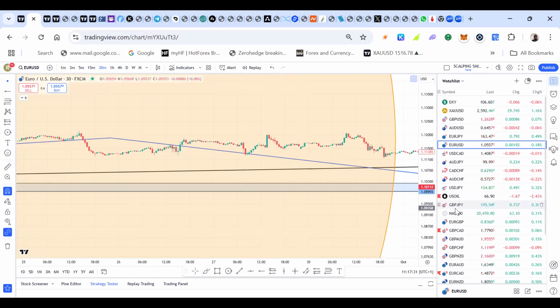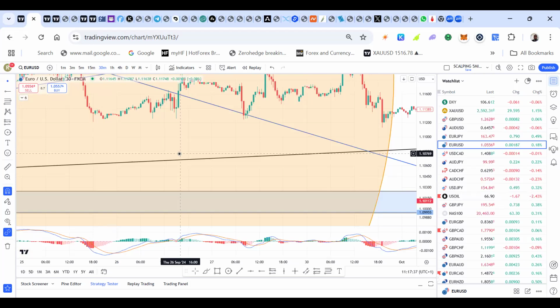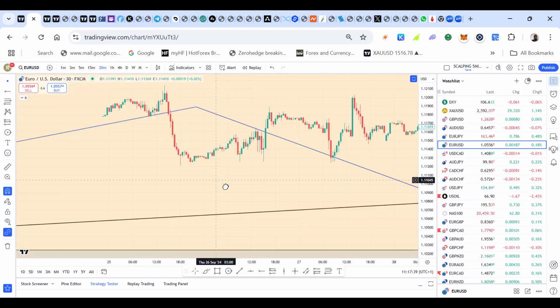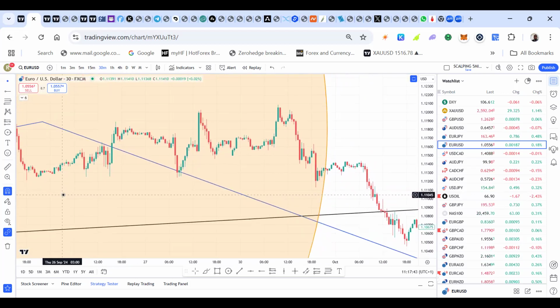So where we have this box, now you want to begin to look at what is happening around here. So first you can actually mark this zone.